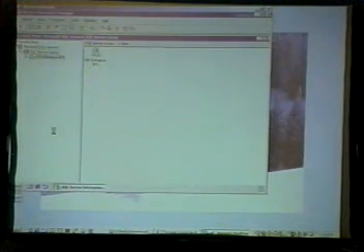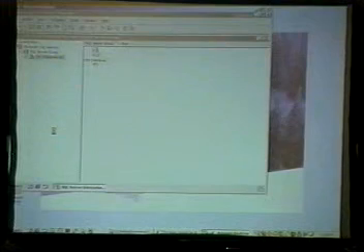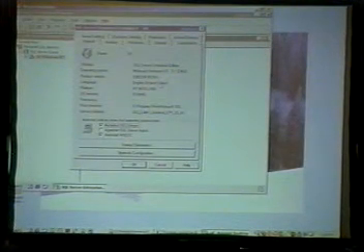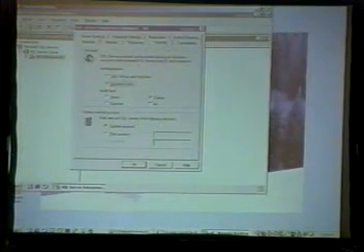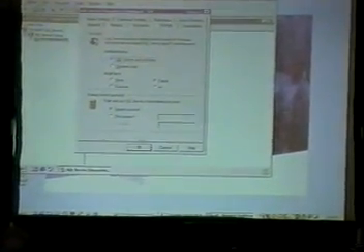I'm going over to SIF, which is the name of that box, and I'm going to change it back to SQL Server and Windows.